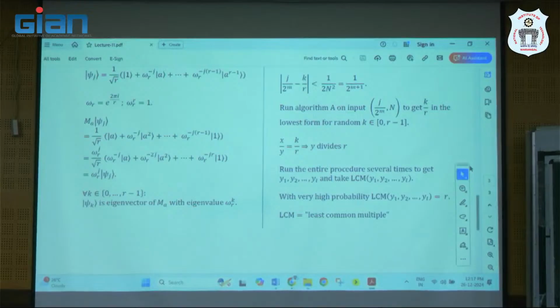Now we'll argue separately what happens. With very high probability, the LCM of all of these is actually equal to r. It does not just divide r, it is equal to r. So we have found our r. Agreed?